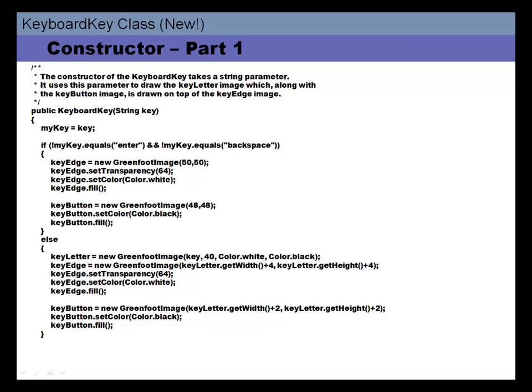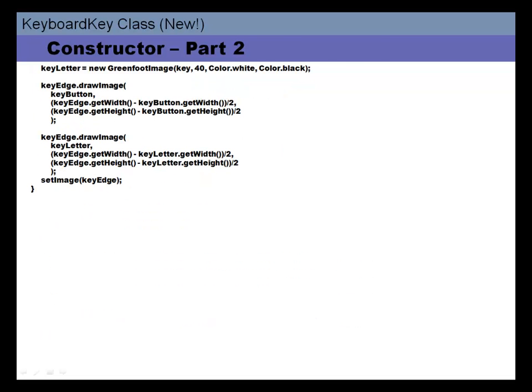First, the constructor gets passed a string, which corresponds to its key. If it is not the enter or backspace key, it will draw the key's edge of size 50 by 50 and the key's button of 48 by 48. If it is enter or backspace, it will take the word, make an image of it, and based on its width and height, create the edge and button.